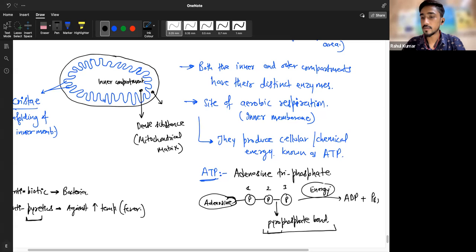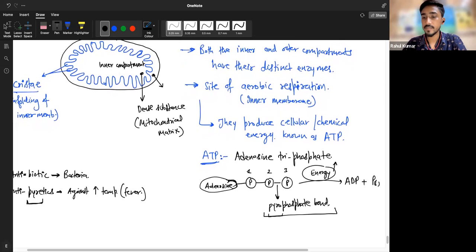So whenever we need energy for doing anything in the body, even to smile or to frown or to walk, we break ATP into ADP and phosphate and release that energy, which we can use. Now this energy is released in the form of heat. That's why the word pyro comes.